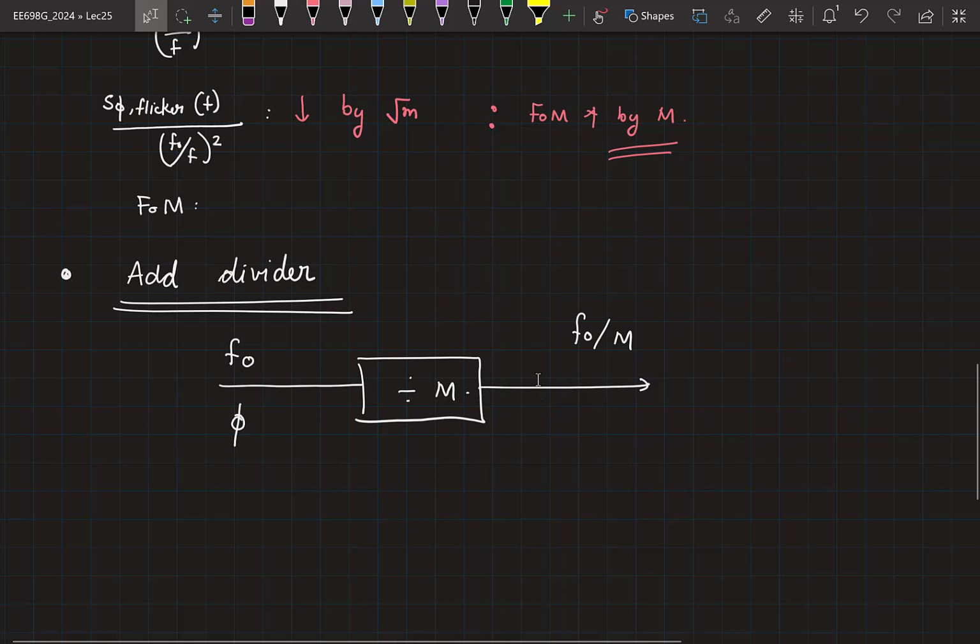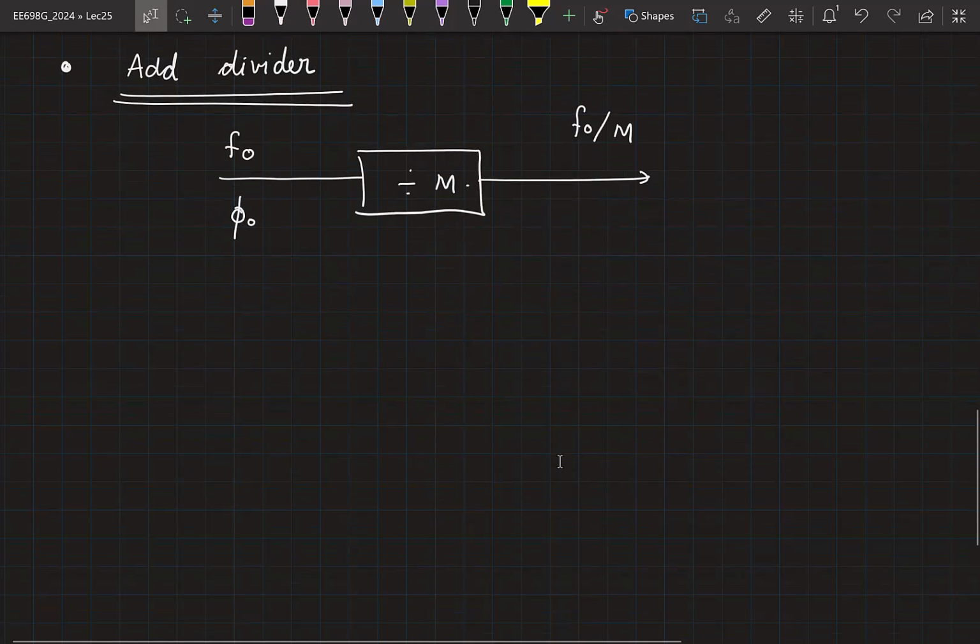So if the phase here was phi naught, what do you think is appearing at the output? Why integral? So I'll tell you a quick example to try this out, right? Let's say I take a square wave.